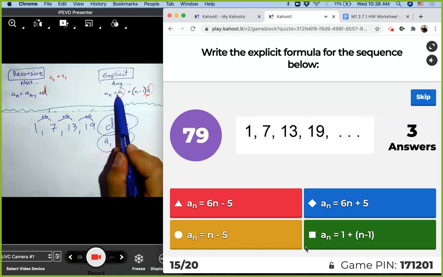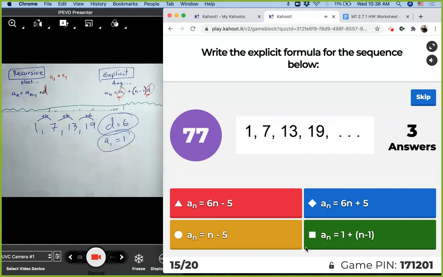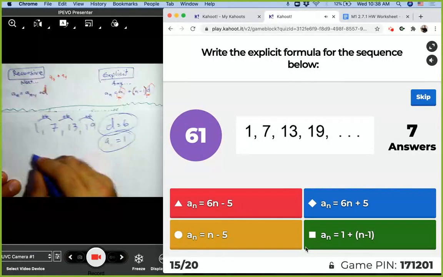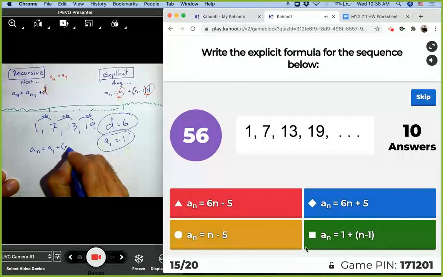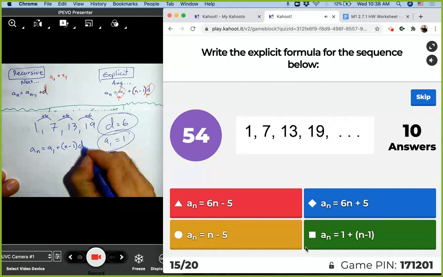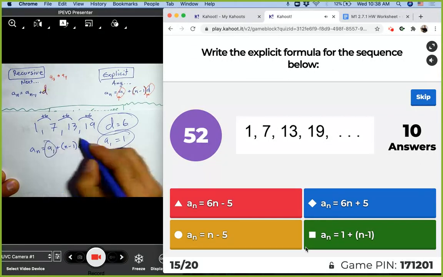Plug in here, reduce. So we just got to plug in here and here.